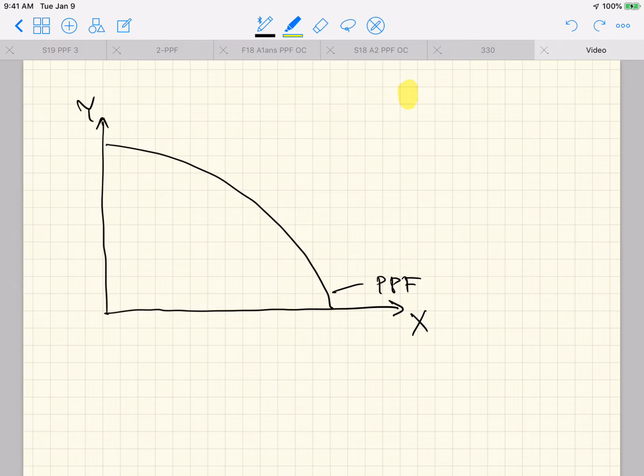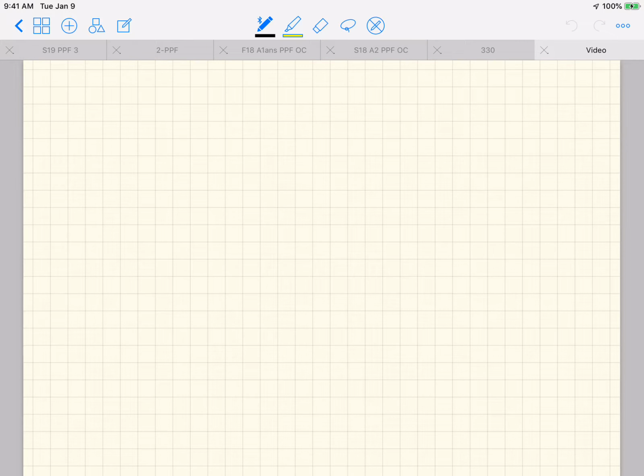Next thing is to talk about opportunity cost, OC. So opportunity cost is what you have to give up to get something else. And it's very important to understand that it's not like we're talking about the amount of resources needed to make something.